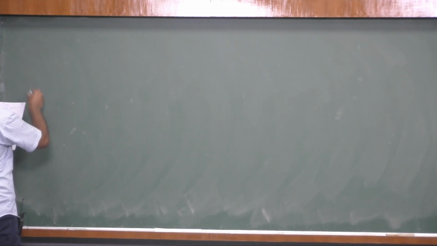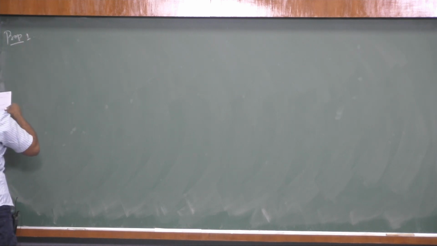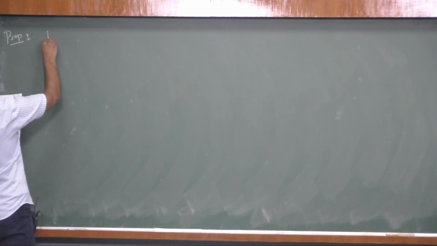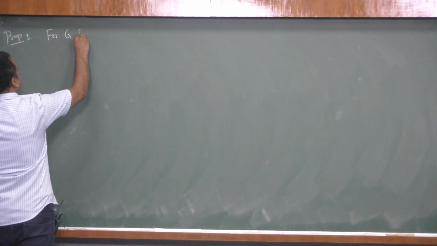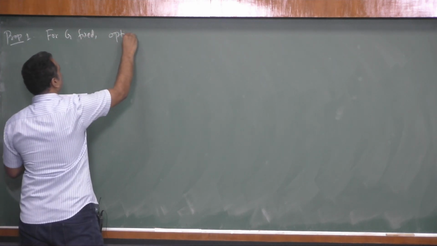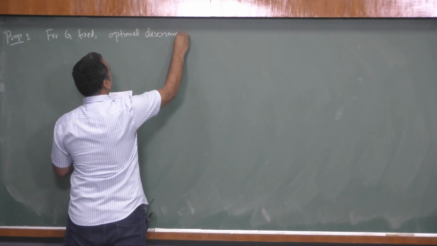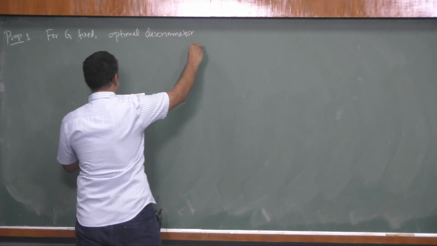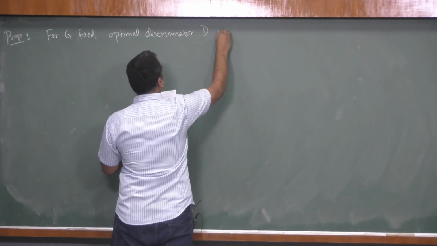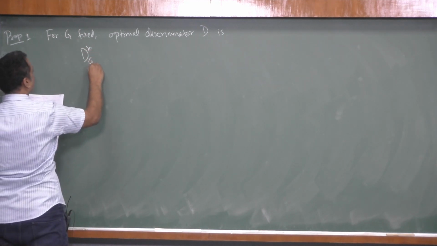Proposition 1: for G fixed, the optimal discriminator D is given by D star. We denote the optimal by D star.